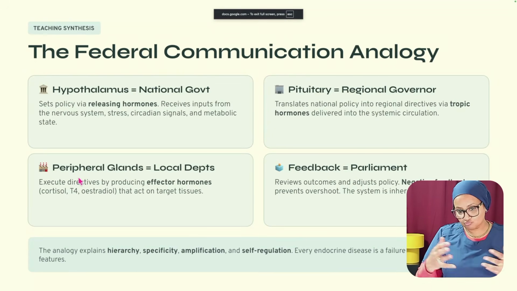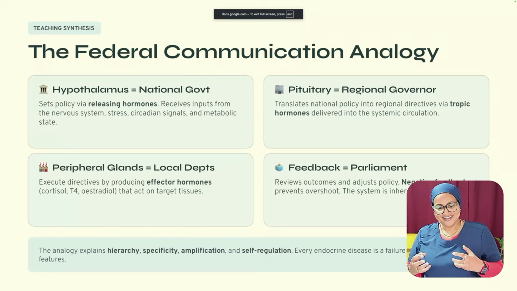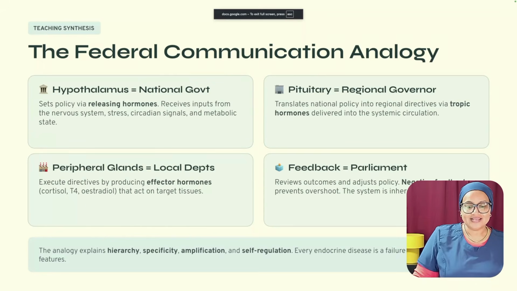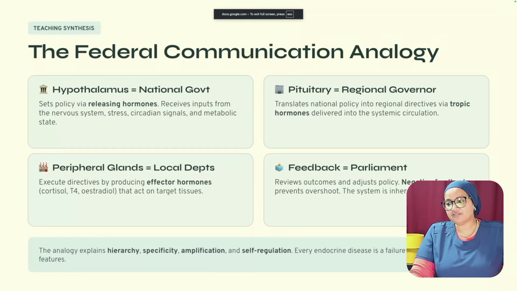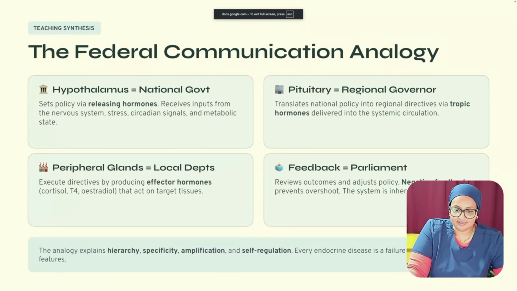Now, just to make it simpler, let's think of the endocrine system as the federal government, okay? It's an analogy that's a closing part. Think of it as a federal communication network.